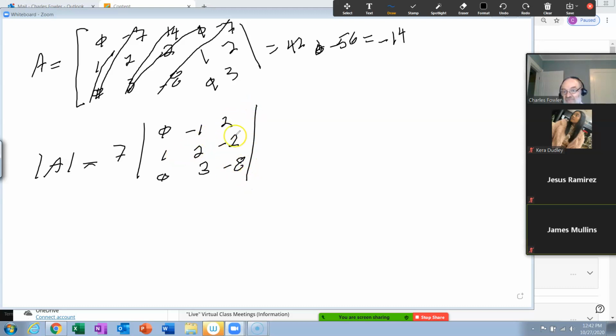Because this has a factor of 2 in it everywhere. So if you factored that 2 out as well, I'm going to try this anyway, 2 times 7 is 14, and that would then be the determinant of 0, -1, 1; 1, 2, -1; and 0, 3, -4.